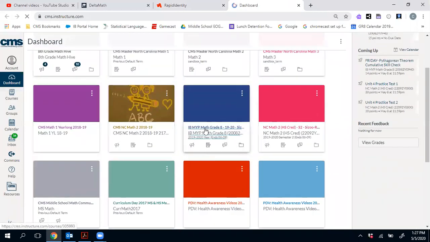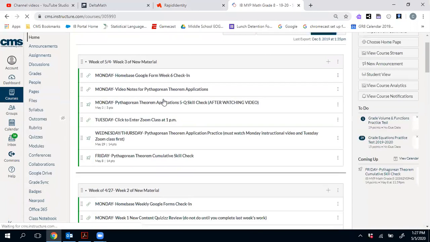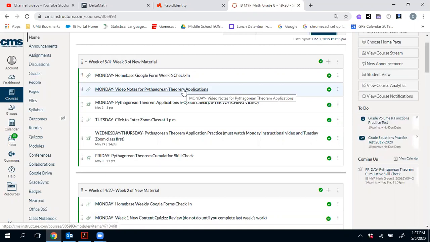The work for Monday was that you were supposed to watch the video called video notes for the Pythagorean theorem. If you don't watch these video notes, the 5-question skill check will be really confusing. If you get to a question on the skill check that you don't know how to do, go back to the video notes for that question and look at it.